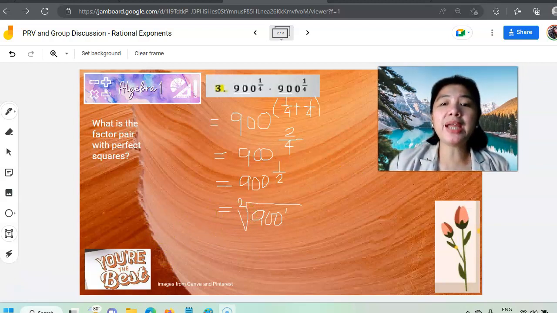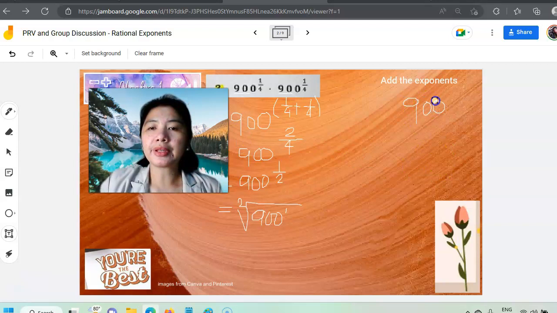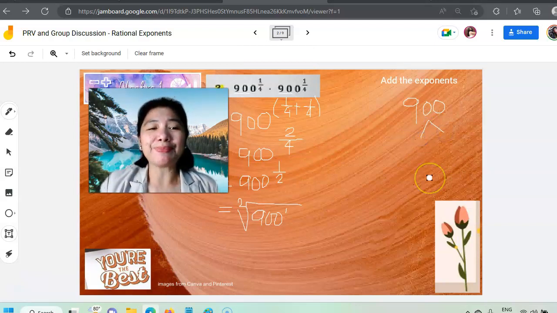So break down 900 into 2 factors that are perfect squares, or at least 1 factor that is a perfect square. In this case, 900 can be broken down into two factors, 9, a perfect square, and 100, a perfect square.